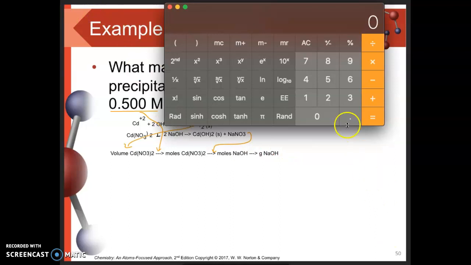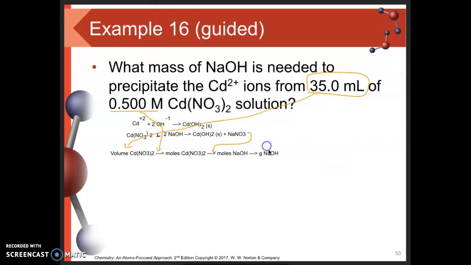And we can calculate that pretty simply. 22.99 grams for sodium plus 16.00 grams for oxygen and 1.01 grams for hydrogen. We get a molar mass of 40.00 grams per mole for that part right there. And so now I've got all the things that I need to do the conversion and to do it properly.